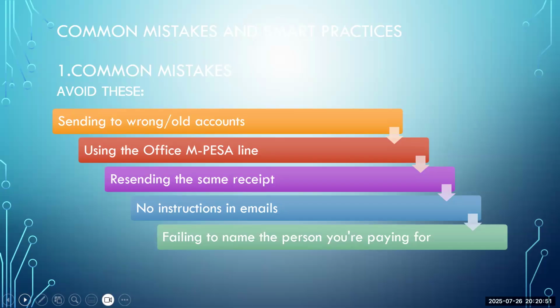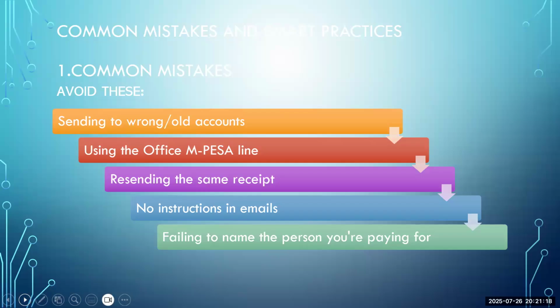Then some members send the same receipts. Some send emails with no instructions. When a member sends an email with no instructions, normally we just post it on monthly savings, and on the acknowledgement email, we let the member know that we posted it to the monthly savings account.